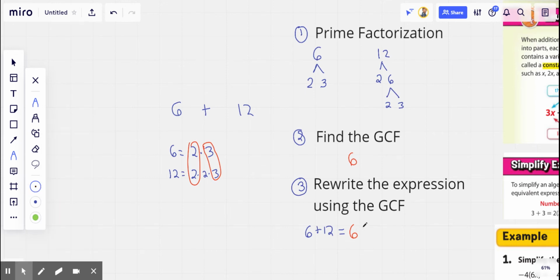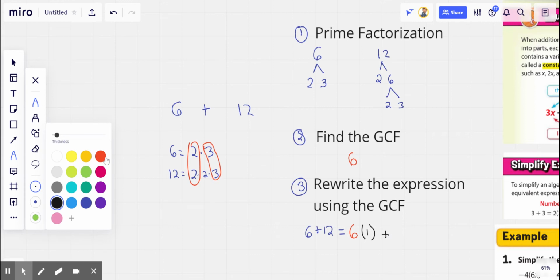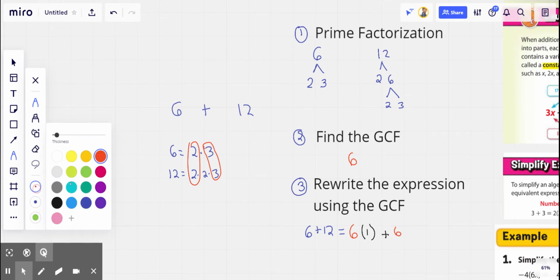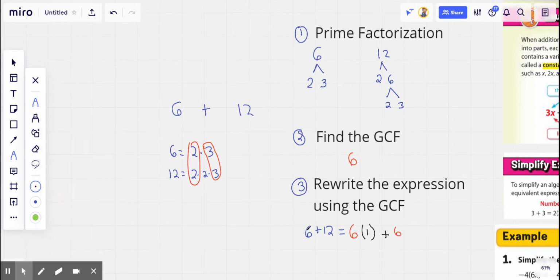Well, 6 times what equals 6? 6 times 1. Okay, that's 6. And then plus, again, we use our greatest common factor, 6. 6 times what? Well, we did 6 times 1 is 6, and 6 times 2 equals 12. Okay, so that's pretty much it.